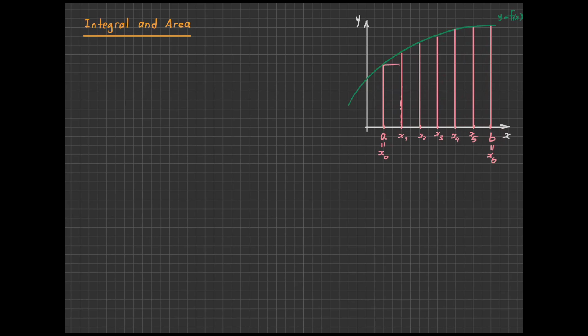And do the same thing for the next interval. So the next interval, if you see it is here, this is the minimum value of your function on that interval. So you complete the rectangle here as well. And you do the same thing here, and on the next interval, and then on the next interval. And finally the last one.